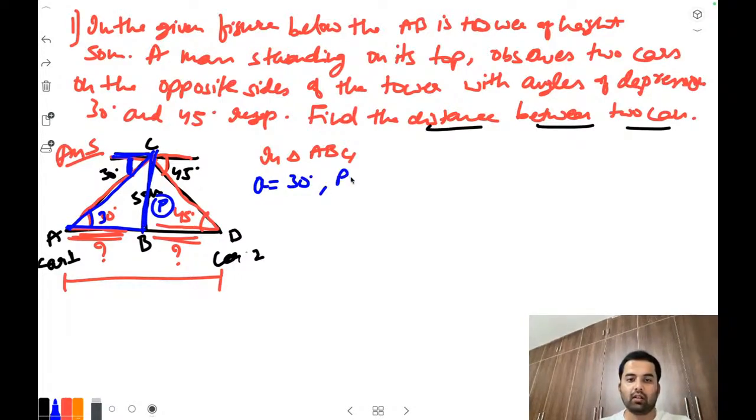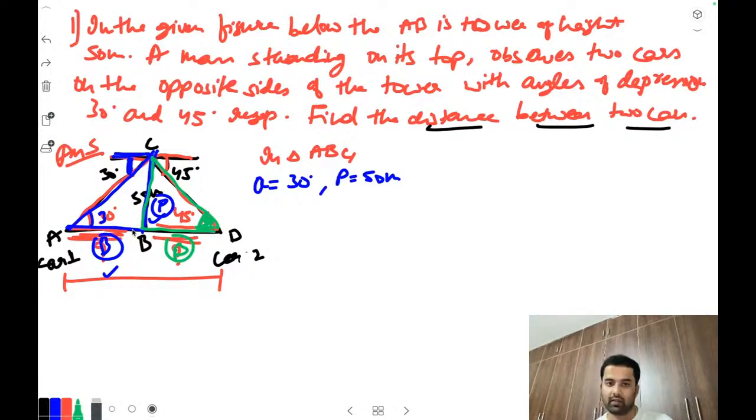We have to figure out the base. Same thing applies this side also. In triangle BCD, this green color, we have this theta. P value you have, again figure out the B and then add it. You'll get the answer. Just try to answer this.